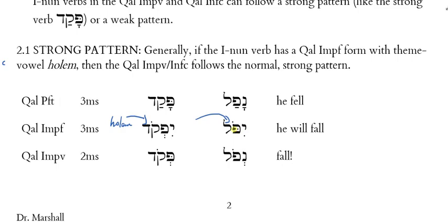And when my theme vowel is holem, then when I get to the imperative, this is going to follow the regular strong verb pakad in its formation of the Qal imperative. The Qal imperative is normally vocal shewa under root 1, holem with root 2. Pqod for the imperative 2ms, pqod, appoint, visit, and nfol. Nfol, vocal shewa holem, fall.